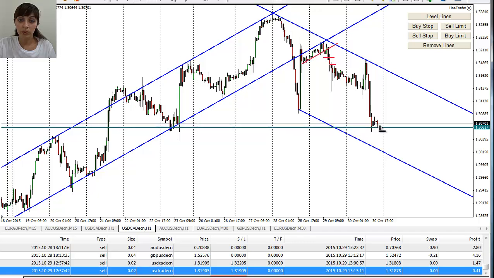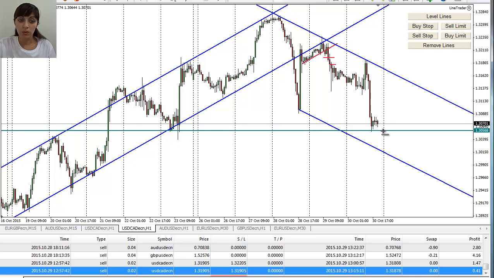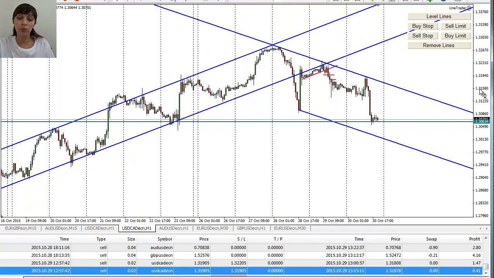So will it break it? Will it not? It can break, and you can still do something about it. But it closed like this right now, and it's hard to say. We need to see how the market will open and what it's going to do.